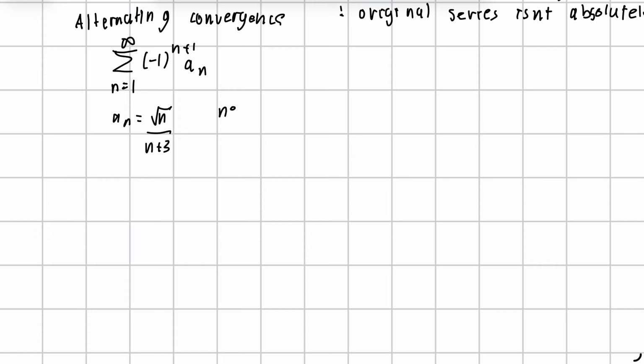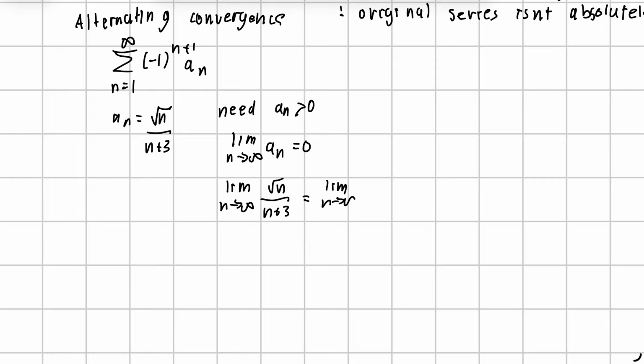What we need is for a sub n to be greater than 0, and the limit as n approaches infinity of a sub n to equal 0. So we have the limit as n approaches infinity of the root of n over n plus 3. That's equal to the limit of 1 over the root of n plus 3 over the root of n. So this is all equal to 0.